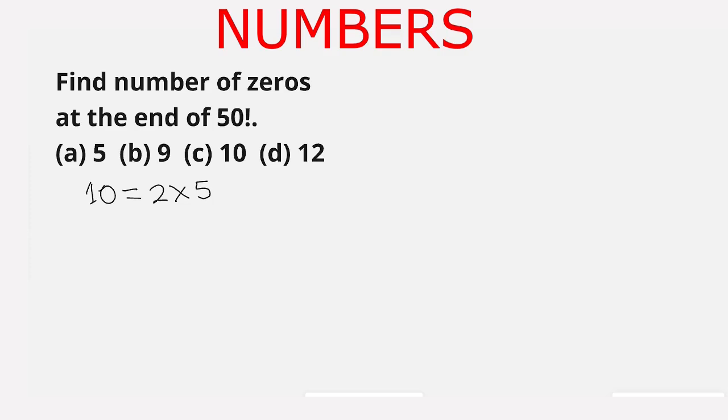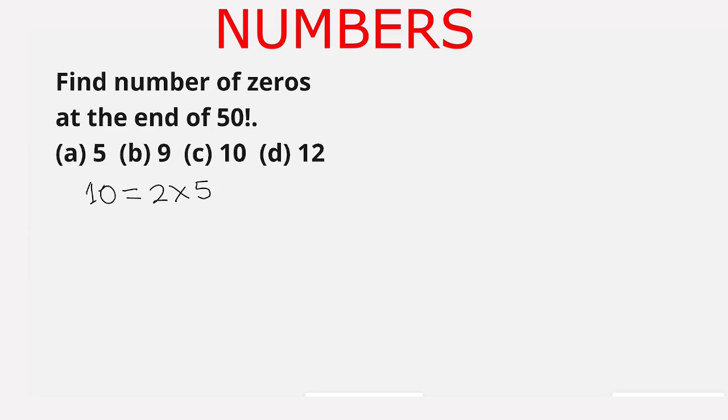But for making 10, we need equal powers of 2 and 5. So whatever may be the power of 5, that number of powers we will take from the power of 2 and we will make it the power of 10.